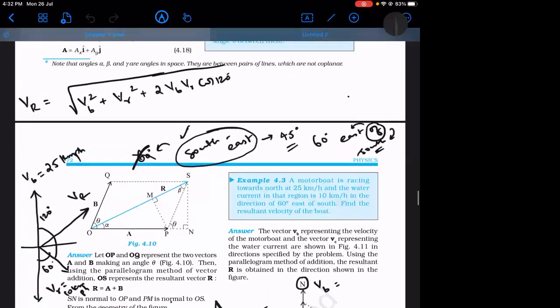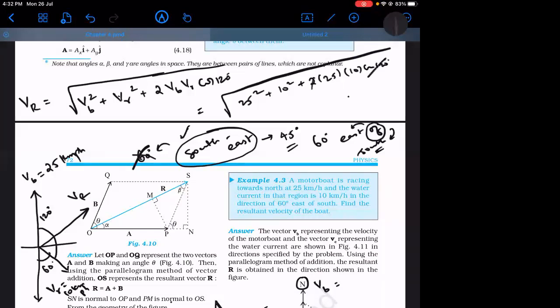So root of 25 square plus 10 square plus 2 into 25 into 10 into cos of 120. Cos 120, how much is it, guys? Trigonometry is over, right? Second exercise. Cos 120 is minus half.